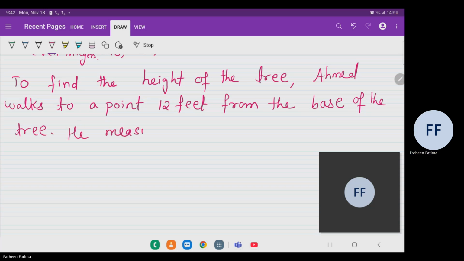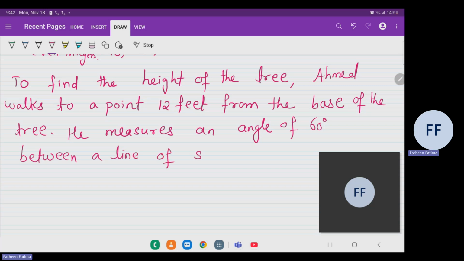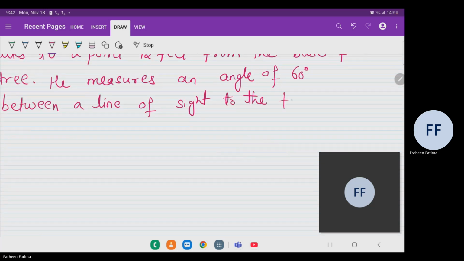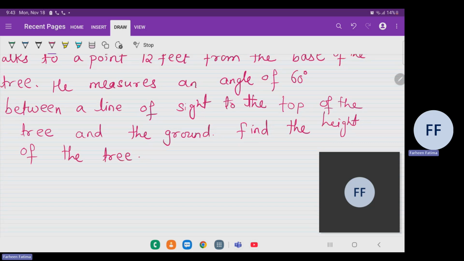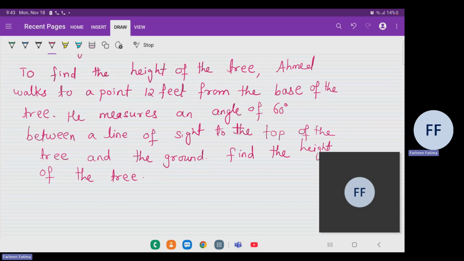He measures an angle of 60 degrees between the line of sight to the top of the tree and the ground. Find the height of the tree.